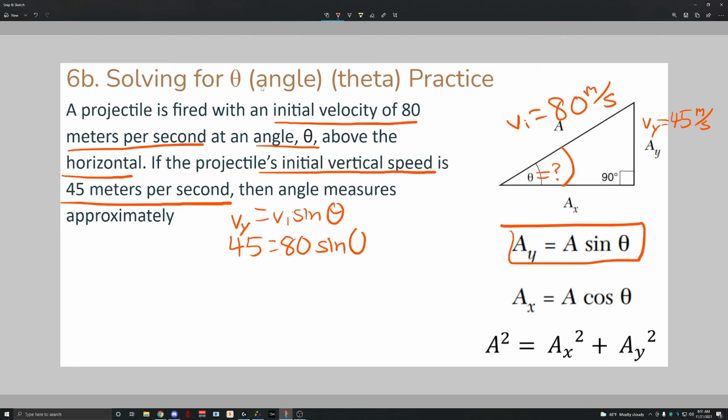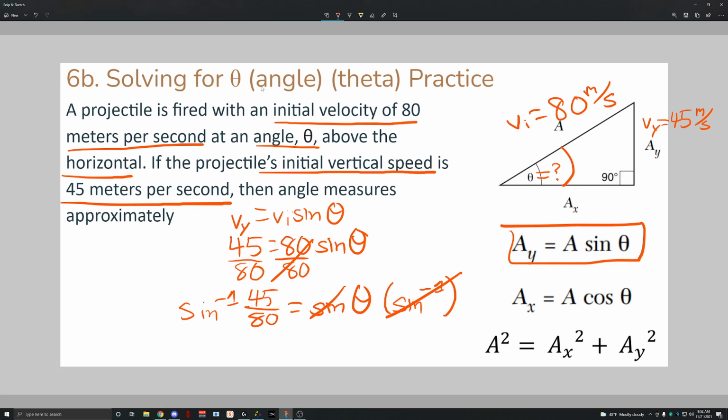Sine theta. So you're going to divide by 80 on both sides. So you get 45 divided by 80 equal to sine theta. To get rid of the sine, you have to multiply both sides by sine negative 1.